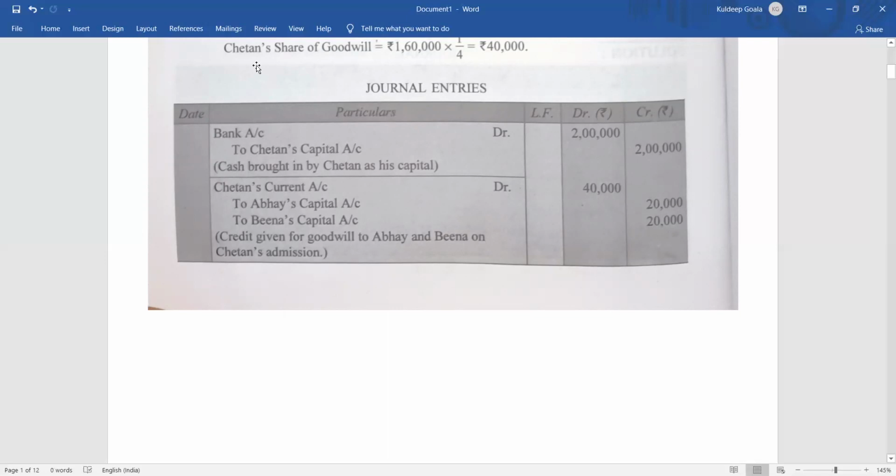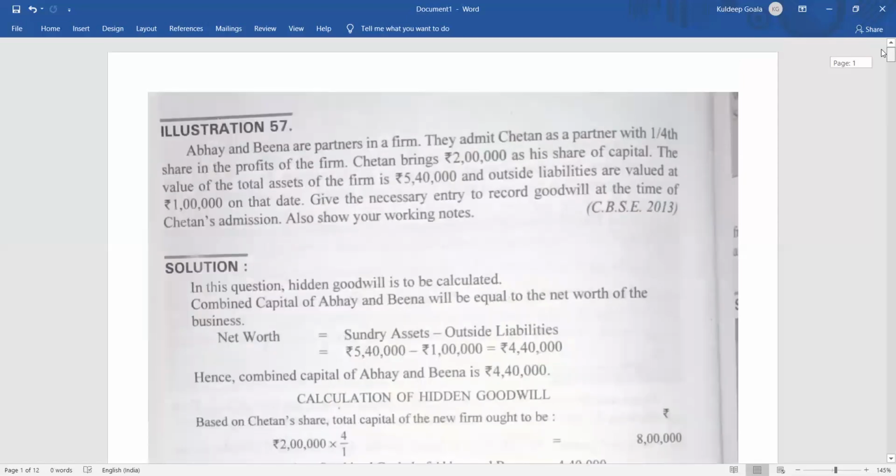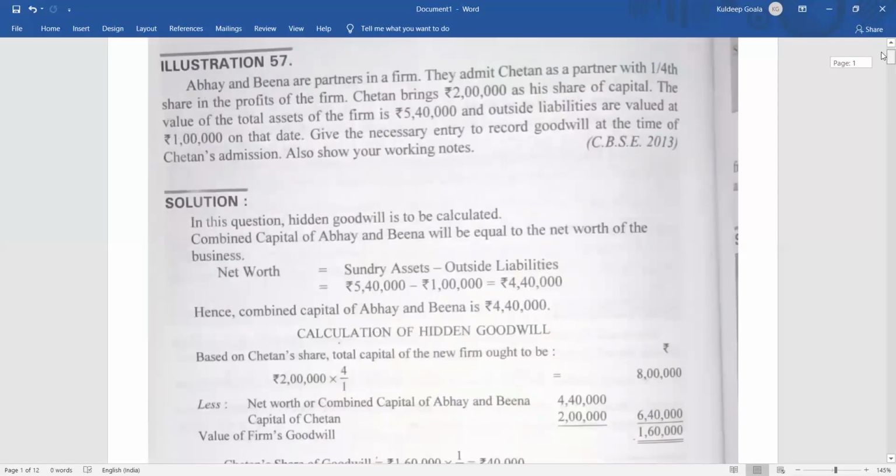What was his share? 40,000. How to take it? Chetan's current account debit 40,000 to Abhay's capital account 20,000 and Bina's capital account 20,000. Right? Clear? Is it clear, everyone? So this is how we are going to settle a transaction in case of hidden goodwill. Okay, so that's all for hidden goodwill.